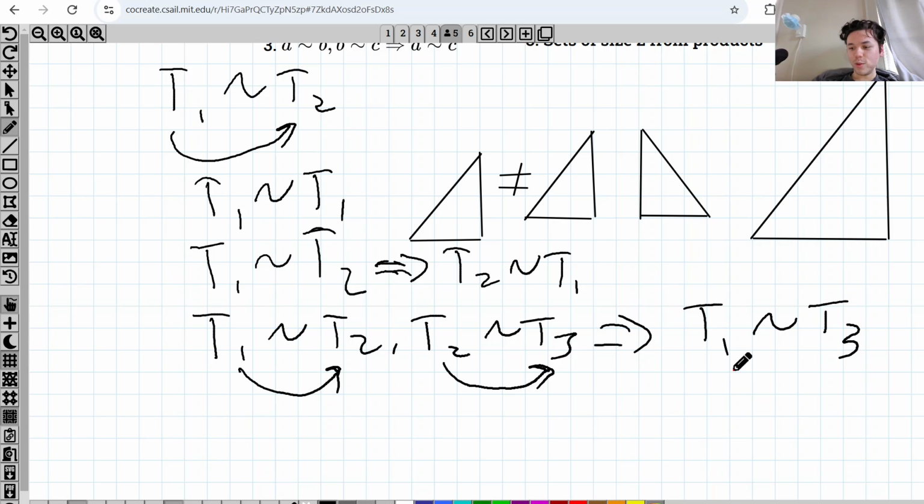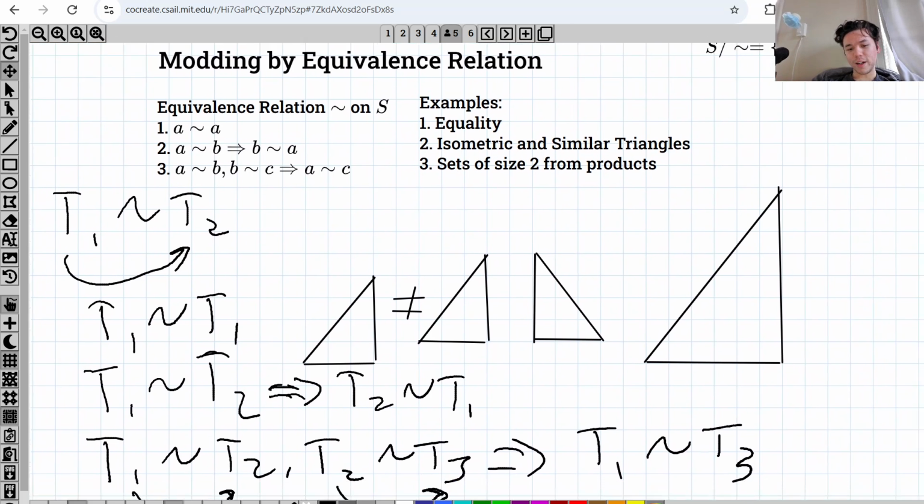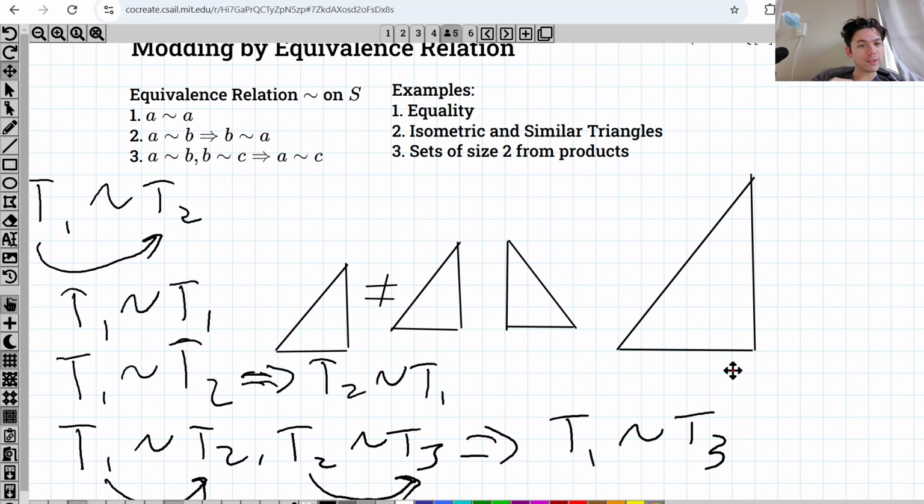And so to show that T1 is similar to T3, we just go through both of those sets of transformations to get all the way from T1 to T3. And so this gives us the intuitive notion that similarity of triangles is an example of an equivalence relation.